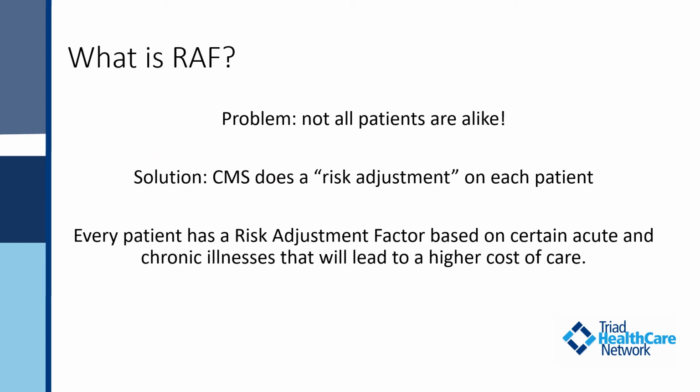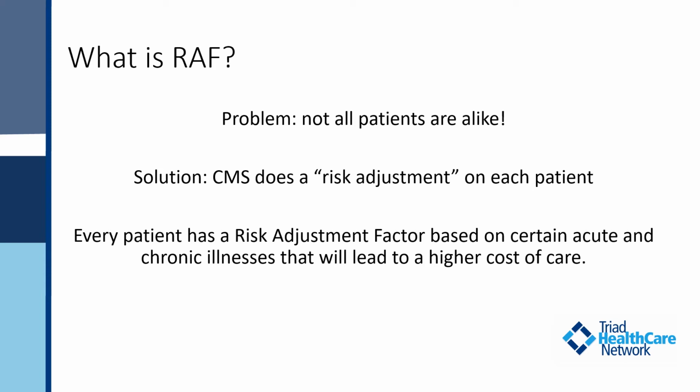Now, as we've just indicated, Medicare Advantage plans take risk from CMS, but here's a problem. Not all patients are alike. So if there was no risk adjustment factor process, then what plans would want to do is enroll the healthiest patients they could get. So the solution to that is CMS does a risk adjustment on each patient. So literally every patient has a risk adjustment score or a risk adjustment factor.